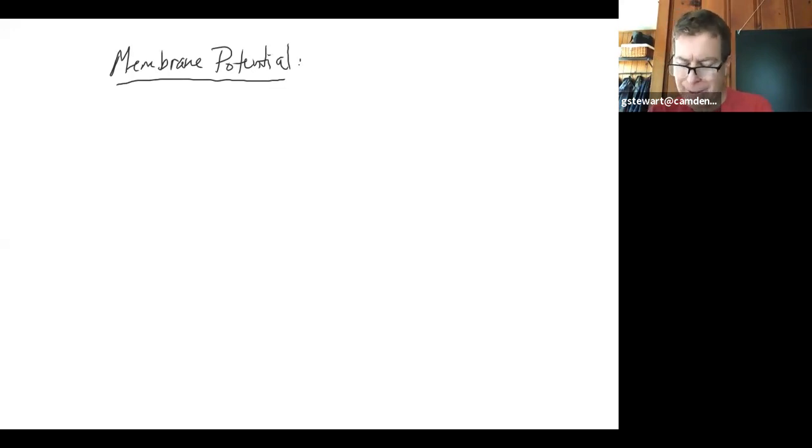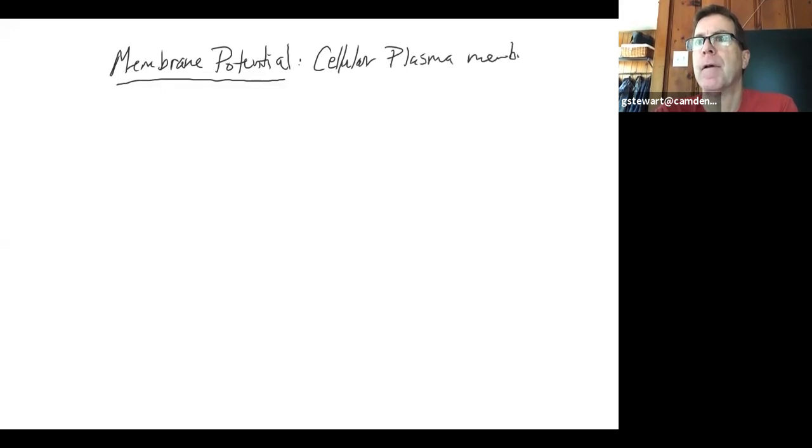You can layer on detail after that. So what this topic refers to, membrane potential, is the cellular plasma membrane, in this case of a neuron. And there are 3 types of gated channels along the membrane of a cell.